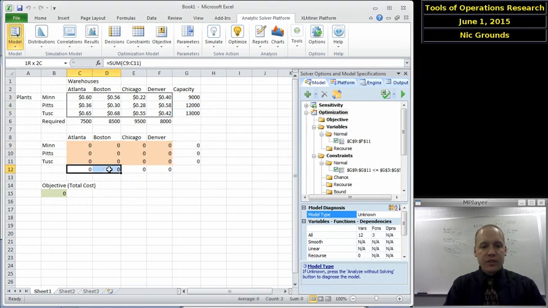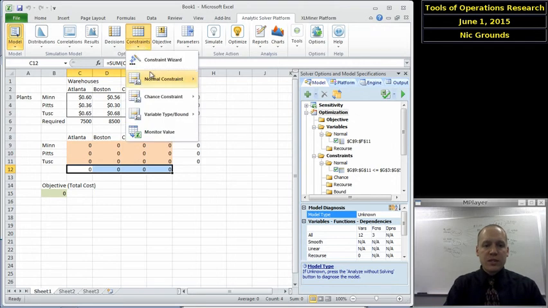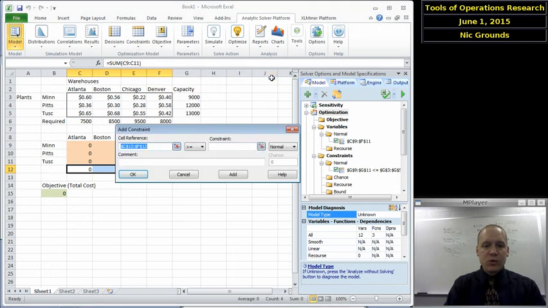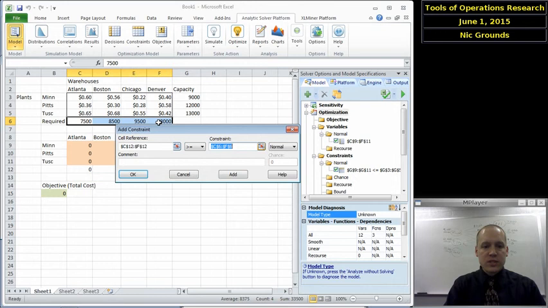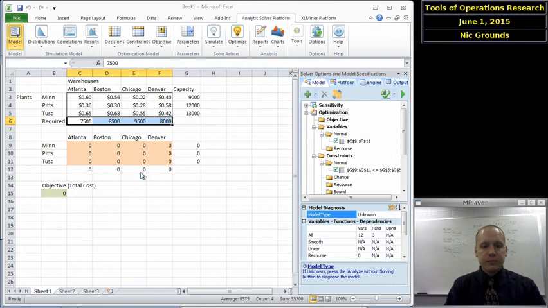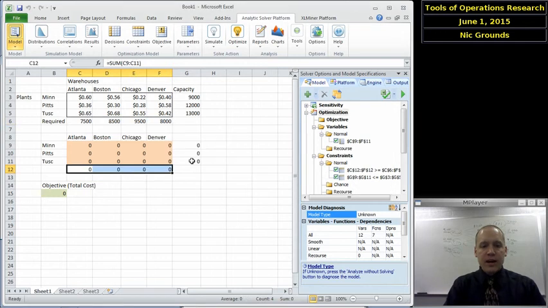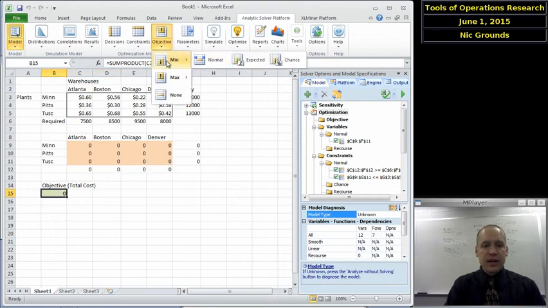And then our other kind of constraint, we're going to constrain all four sums that represent how much is shipped to each warehouse. That must be constrained to be greater than or equal to the requirement for those warehouses. So these four cells here. So although we have 7 total constraints, there's a collection of 3 constraints that look very similar and 4 constraints that look very similar. And then of course our objective, we need to mark that as something we're wanting to minimize in this case.